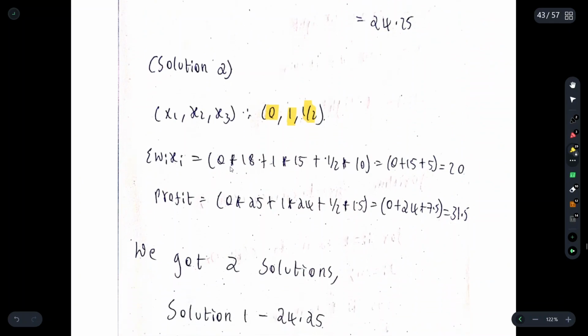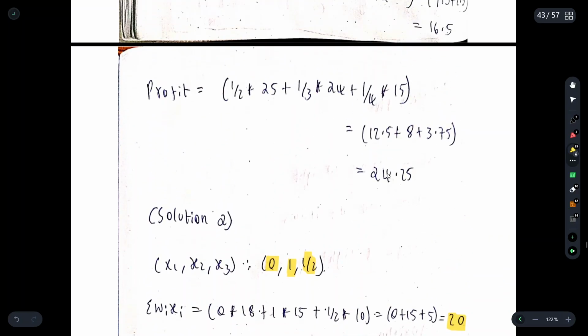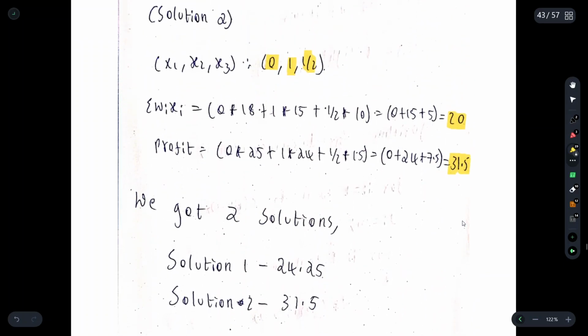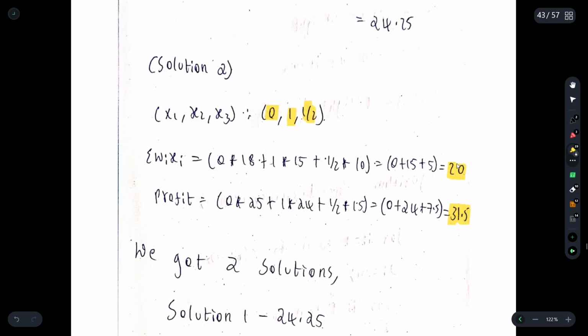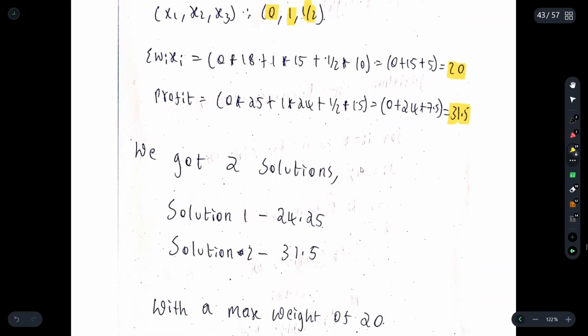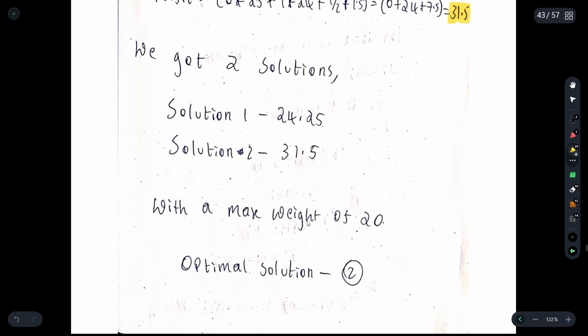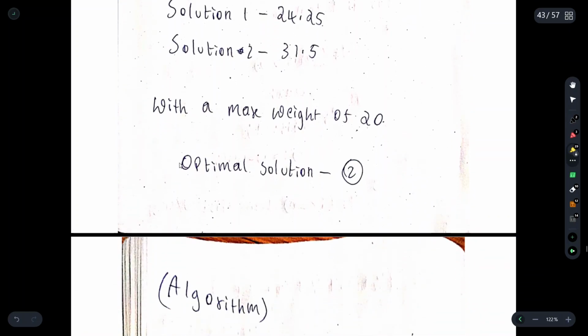So we calculate the weight: it is exactly 20, and I get a profit of 31.5. So 31.5 is obviously greater than 24.25, right? And the weight is also not exceeding, it is 20. So I will consider the second solution because it gives me the optimal solution, more profit.